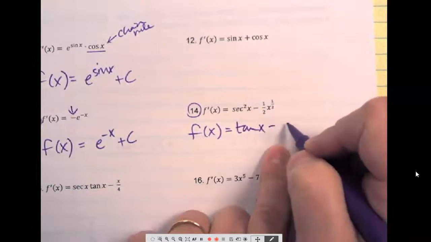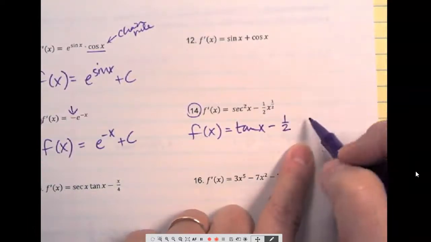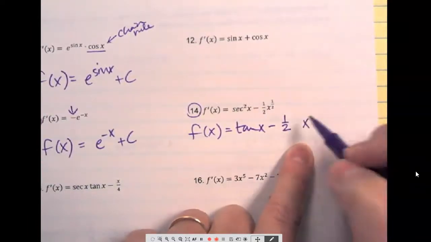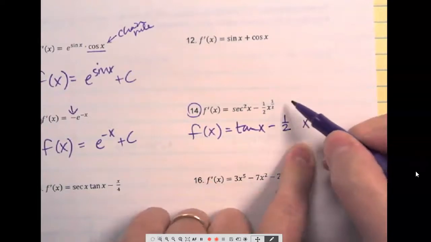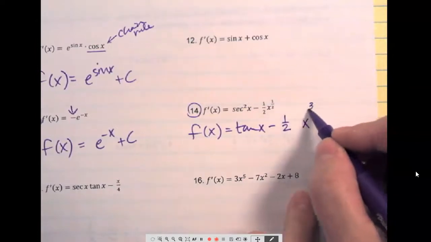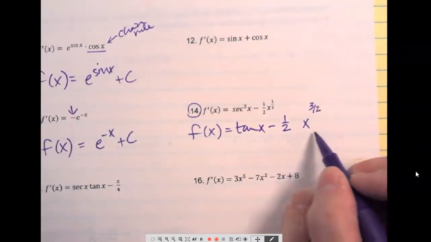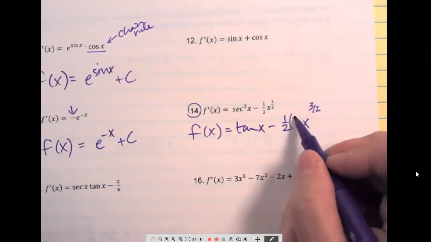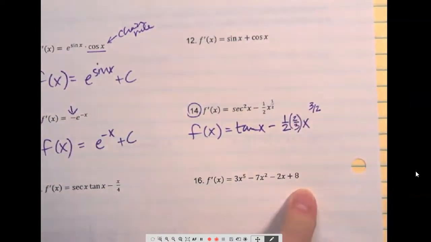All right, so I have a 1/2. I have x to the 1/2, so I'm going to leave a little bit of space there. I add 1 to 1/2, so 1/2 plus 2/2 is 3/2. But then I divide by 3/2, which is the same as multiplying by 2/3.